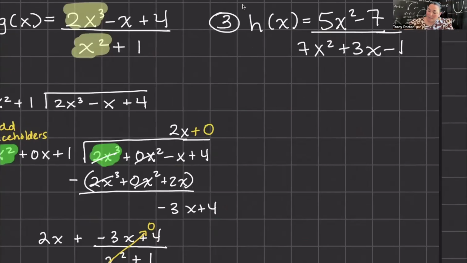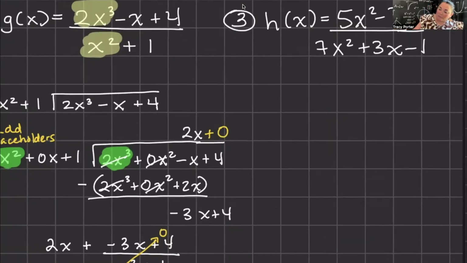Now let's look at example 3. So for example 3, we're going to once again compare our degrees. And this one is the same as that one, right? You have a power of 2 in both the numerator and denominator. So if we look at those, they're going to cancel, right?